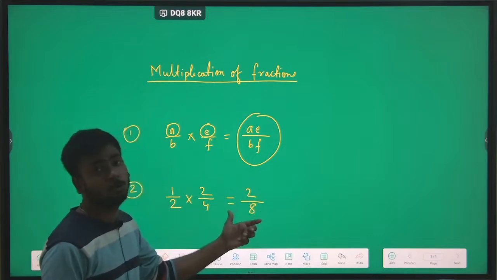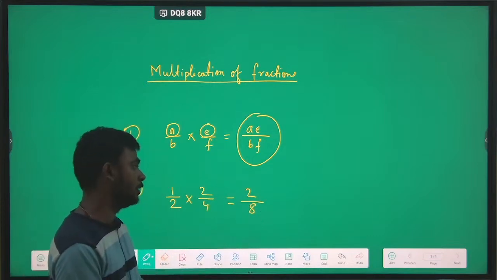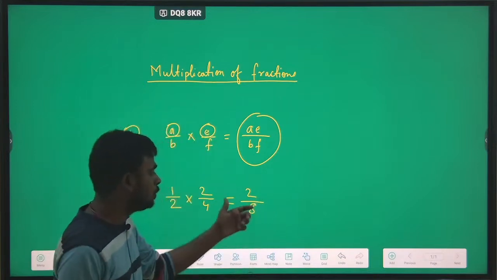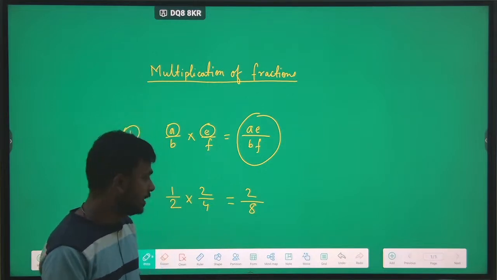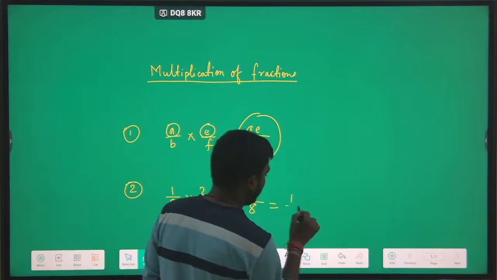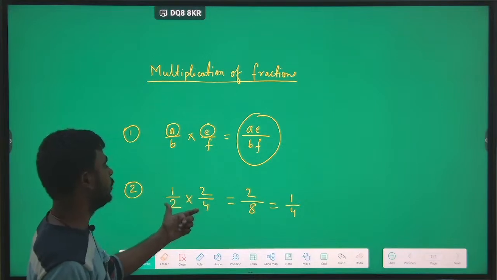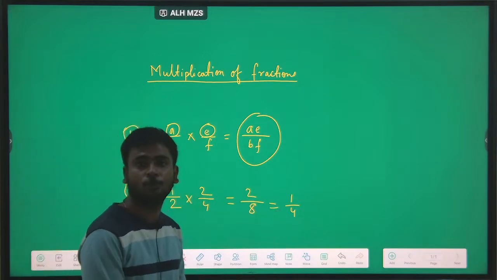But what we have to do? We have to reduce it to its lowest term if it is possible. So, we know that for 2 and 8, both have one common divisor, that is 2. 2 can divide both the numbers. So, we get 1 upon 4 here. So, the multiplication of 1 by 2 and 2 by 4, our two fractions, is 1 by 4.